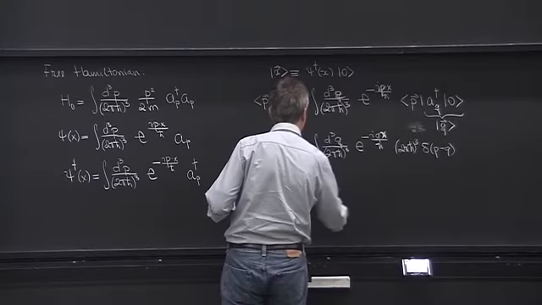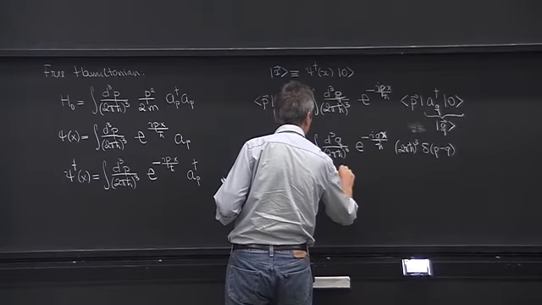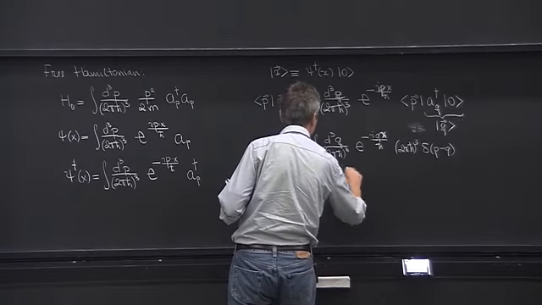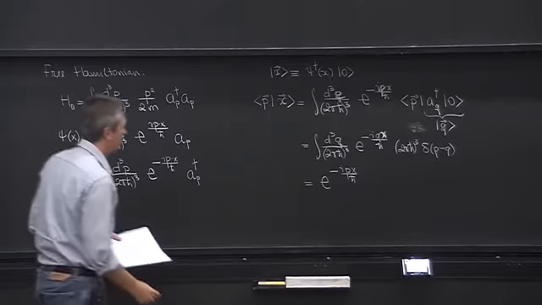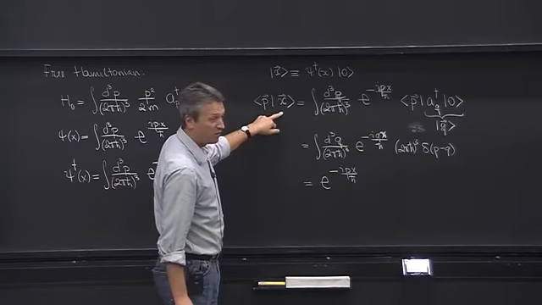And so we just use the delta function to perform the integration. So this is equal to e to the minus i p x over h bar. And this is, in a sense, a definition of what we call a momentum eigenstate.